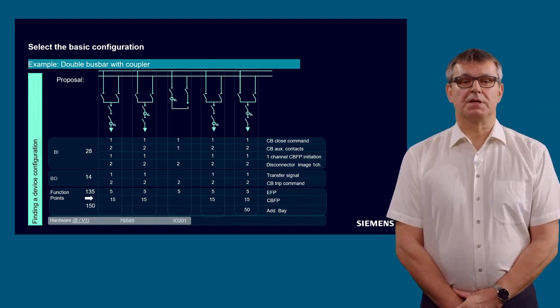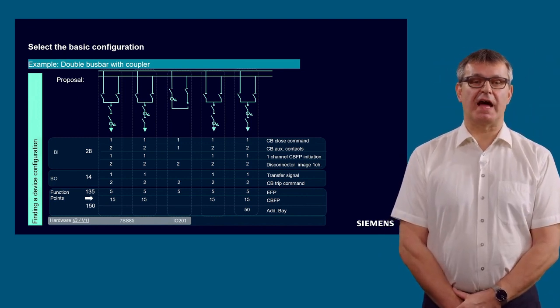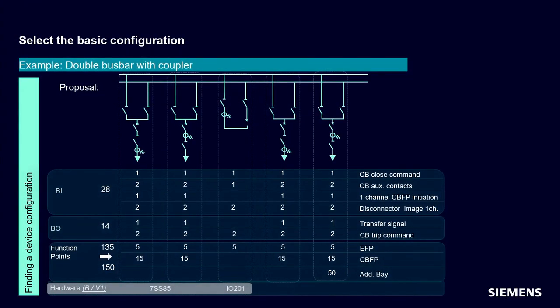So, this you can see here with hardware variant version 1, we can more or less cover the 3 feeders and the 1 coupler. And to have enough binary inputs, enough binary outputs, also for the missing 2 feeders on the right, we extend the configuration with 2 IO201.